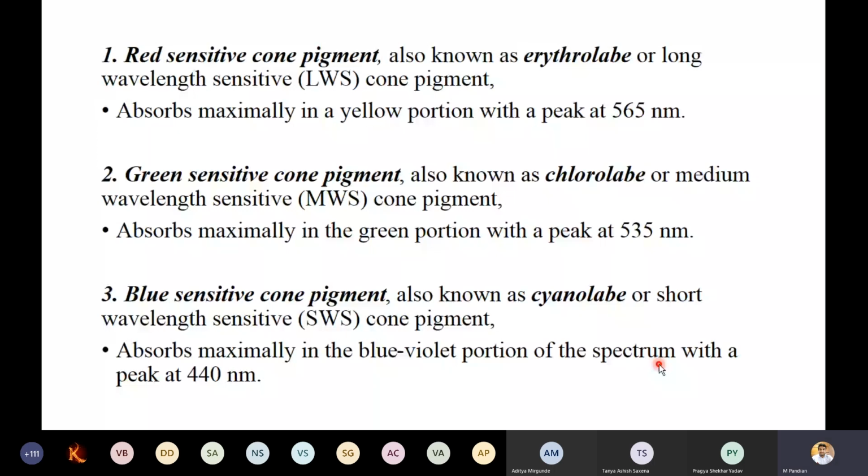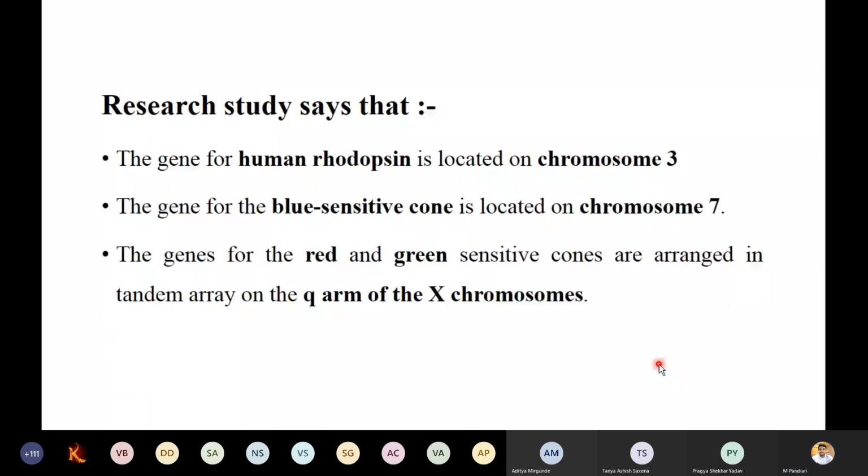Now this is GK, or you can use it for general knowledge purposes. Some research says the gene for human rhodopsin is located on chromosome 3. The gene for blue sensitive cones is located on chromosome 7. The genes for the red and green sensitive cones are arranged in a tandem array on the q arm of the X chromosome.